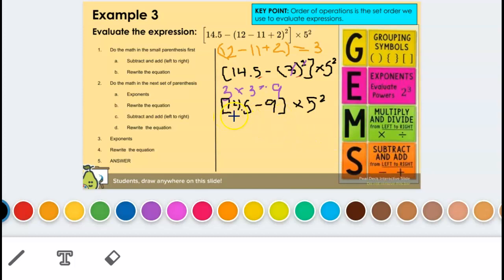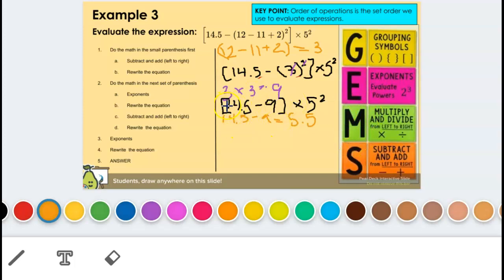Do we have any subtraction or addition? Yes, we do. So we need to subtract 14.5 minus 9. And when we do that, we get 5.5. Now again, feel free to use your calculator.